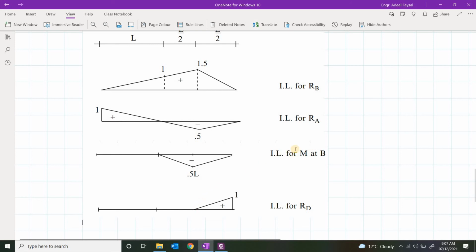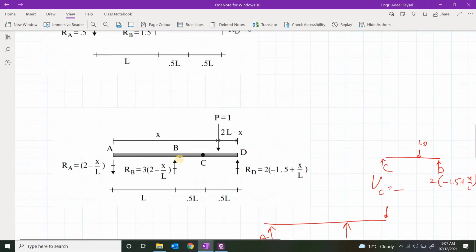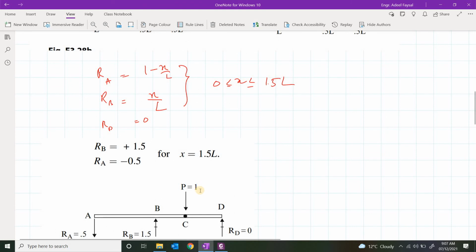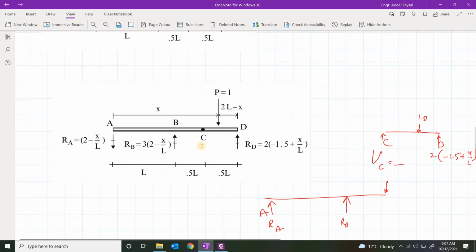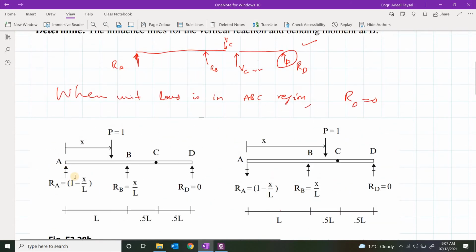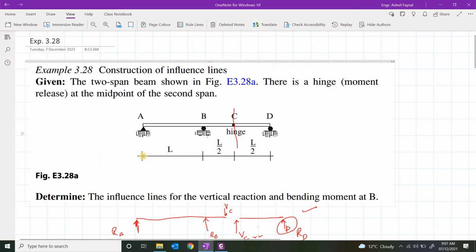So now let's look at the second part of the CD region, where the load is in the CD region. These are the equations defining RA, RB, and RD. Now, one thing you can see: in any beam, when you apply the load exactly at a support, all of the load will be transferred to that support.